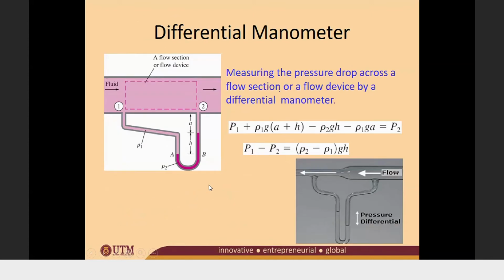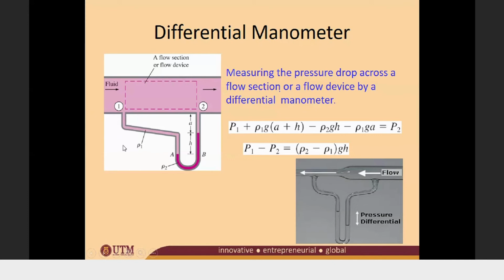Another differential manometer is where you want to measure the pressure in the upstream and the downstream. Let's say you want to measure P1 minus P2. So the same concept: from P1 you go down, so plus rho 1 g (A plus H).